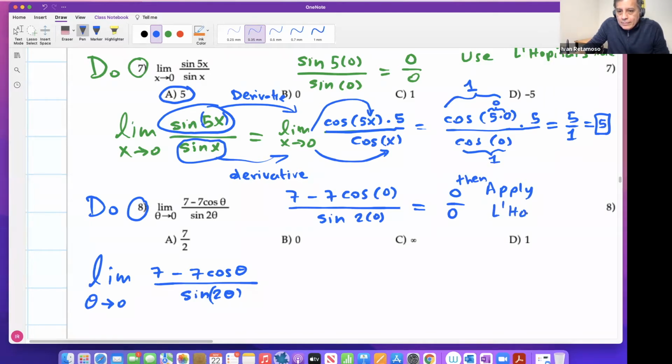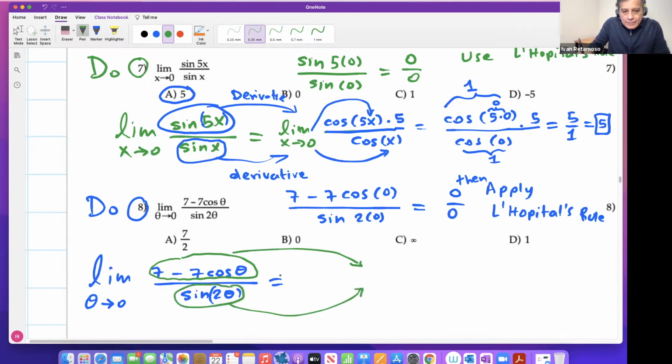And what is L'Hopital's rule? Well, it's just about taking the derivative of this and taking the derivative of this, and then trying again. So do that, please. There you go.